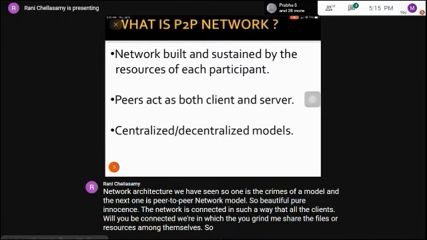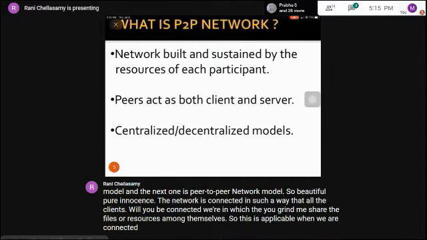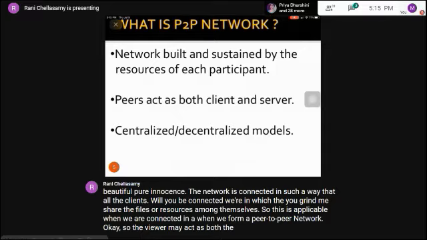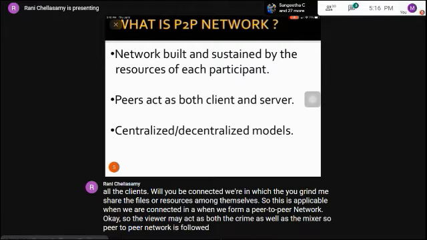A peer may act as both client as well as server. The peer-to-peer network is followed when using the BitTorrent protocol.